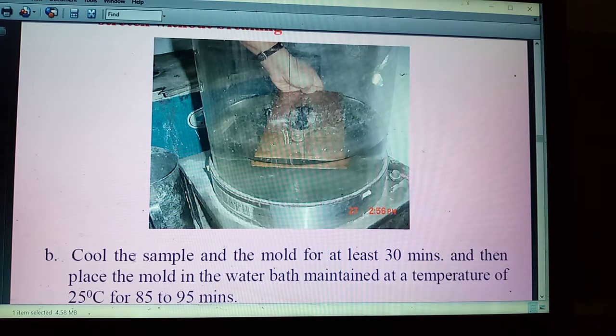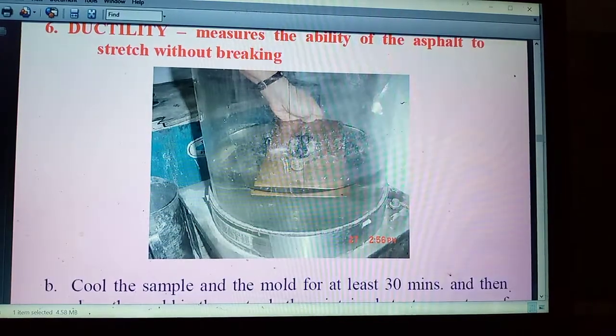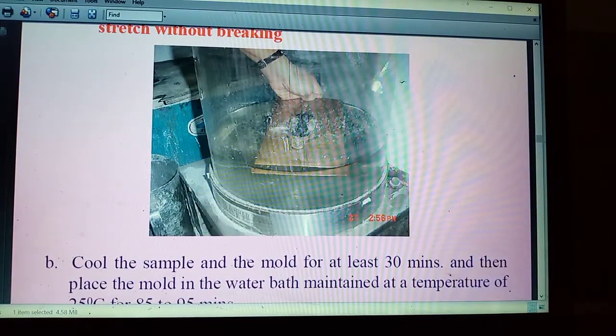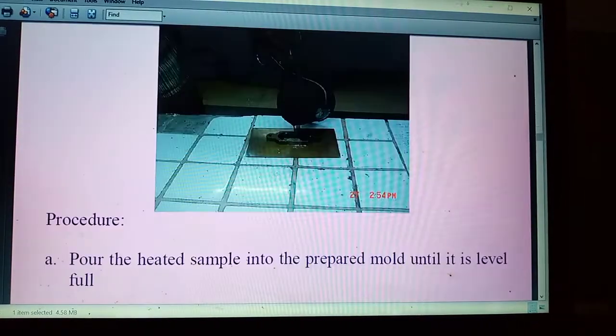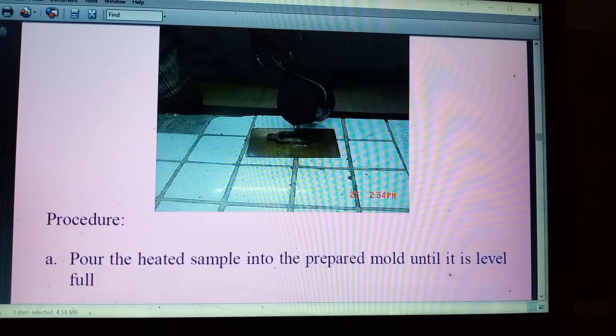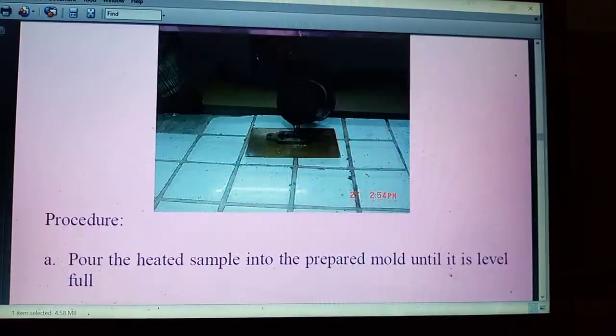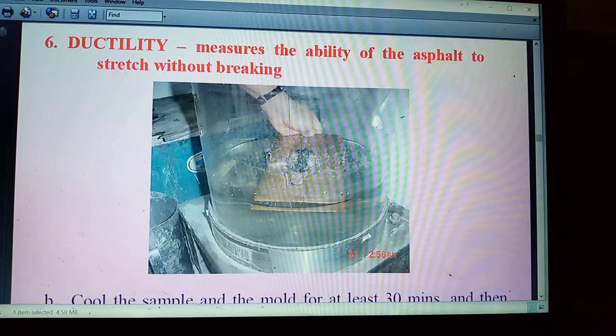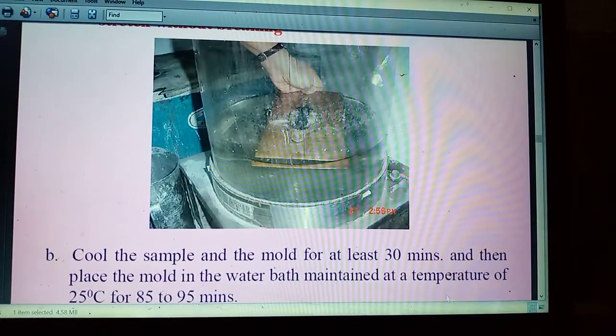Okay? So, eto, di ba, ininit. Okay? So, yung A natin is heated sample. Okay? Yung nainit na sample, ilagay mo sa mold, then i-cool mo. Okay? I-cool mo muna for 30 minutes, bago mo ibabad sa water bath.